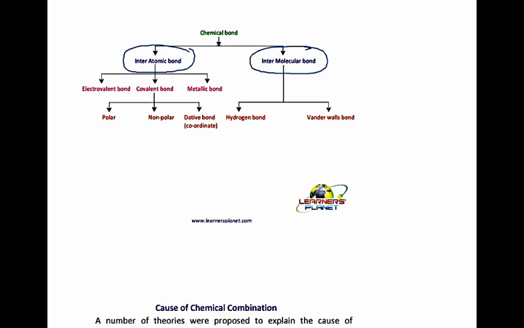If the force of attraction is between two atoms of a molecule, we can term this to be an interatomic bond, and if the force of attraction is between two molecules or two different molecules, we can term that to be an intermolecular bond. Interatomic bonds are subdivided into three main heads, that is the electrovalent bond, a covalent bond, and a metallic bond. Similarly, intermolecular bond is subdivided into hydrogen bond and van der Waals bond.